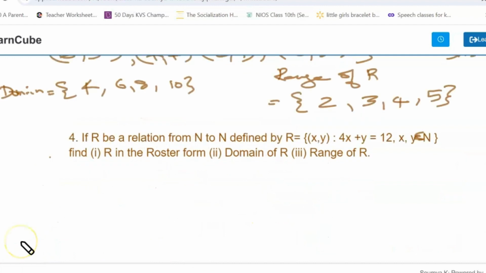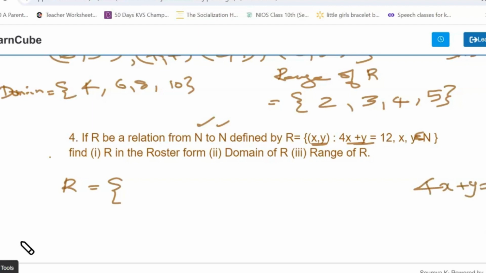Next question is the fourth one. If R is a relation from N to N, that is natural number to natural number, defined by (x, y) where this condition is mentioned and x and y belong to natural numbers, you have to find R in roster form, domain and range. So first you have to find the relation that exists for this condition, 4x plus y is equal to 12.